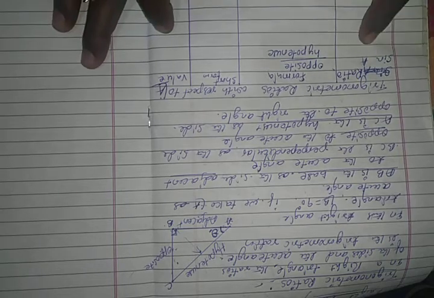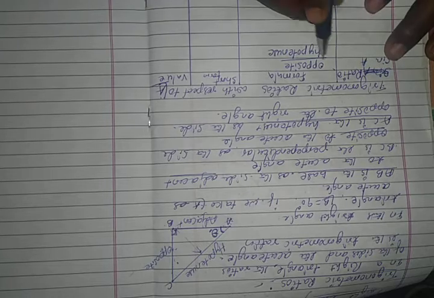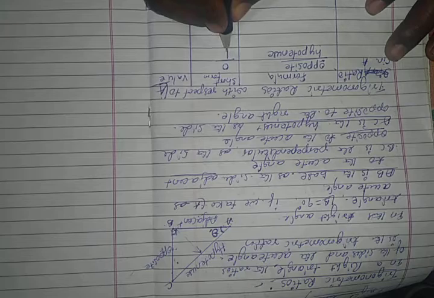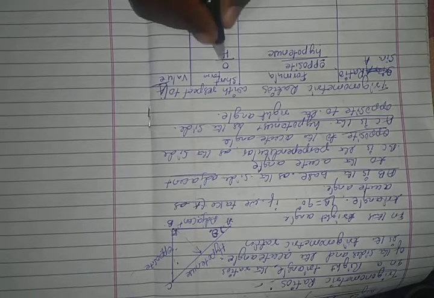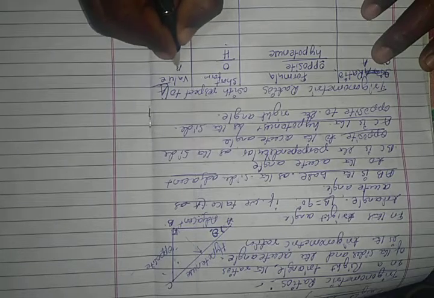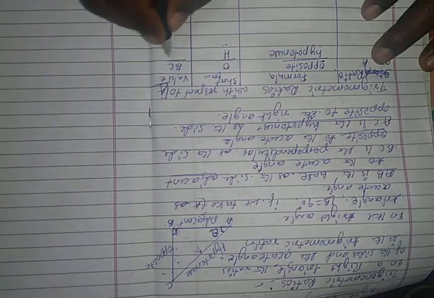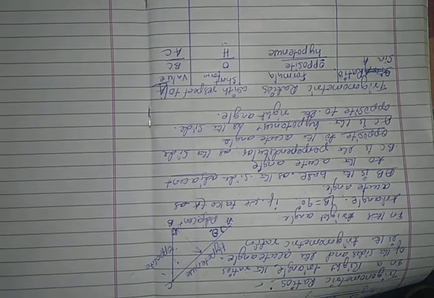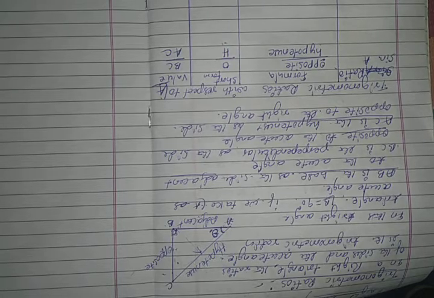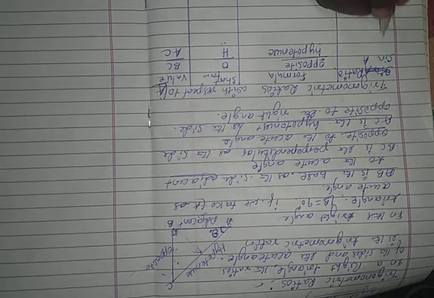The short form, what is the first letter? O divided by H. So O by H, what is opposite? That is BC. What is the hypotenuse? AC. So BC divided by AC is the value of sine A, the short form is O by H, and the formula is opposite by hypotenuse.